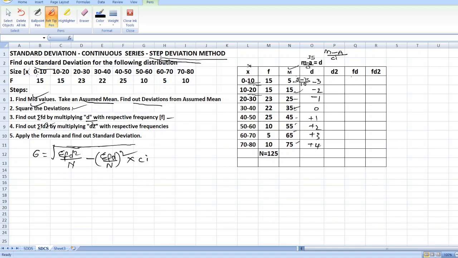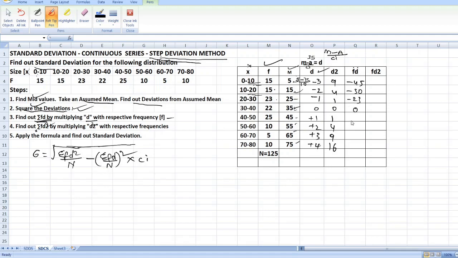After that you have to square the deviations. 3 into 3 is 9, 2 into 2 is 4, 1 into 1 is 1, 0, 1 into 1 is 1, 2 into 2 is 4, 3 into 3 is 9, 4 into 4 is 16. Then to find summation fd, you multiply f with d. 15 into 3 is minus 45, 15 into 2 is minus 30, 23 into 1 is minus 23, 0.